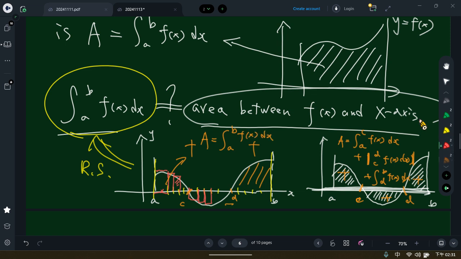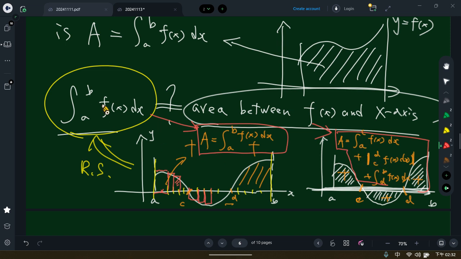So one is this part, if you want to calculate this, and one is this part. The question mark means it works only if f of x is a non-negative function. If f of x is not always positive, then if you want to calculate the area, you can follow this way.